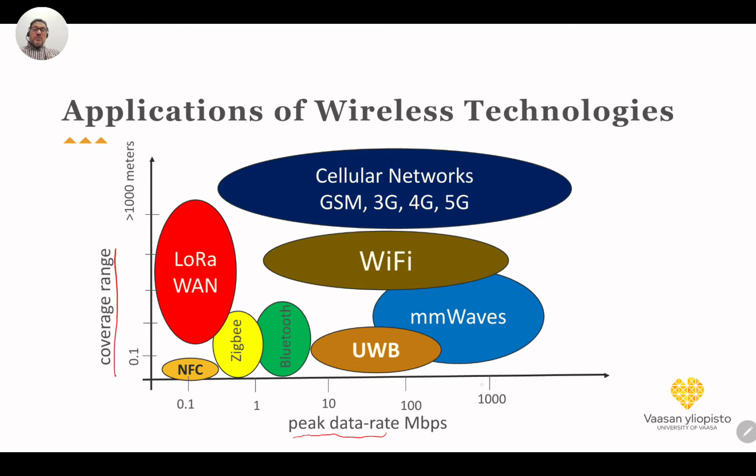For example, if you need a very high data rate but for short distance, then maybe millimeter waves come out best. If you have a high data rate but even shorter distance, then there's ultra wideband. If you have a slow data rate, but you need to cover a larger distance, then you go to LoRa and so on.